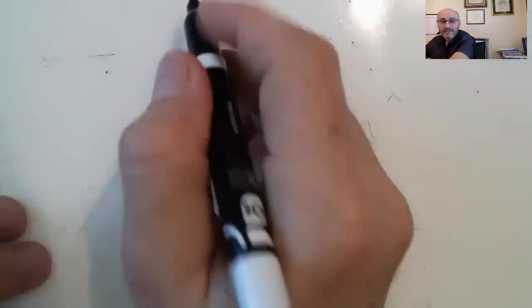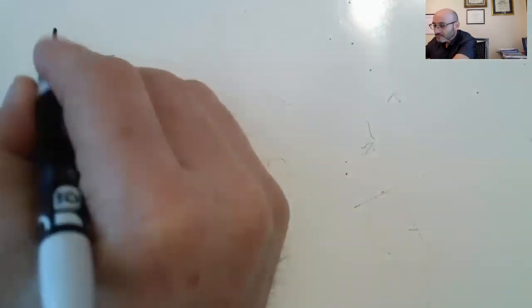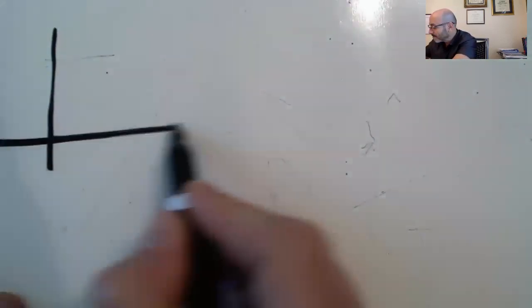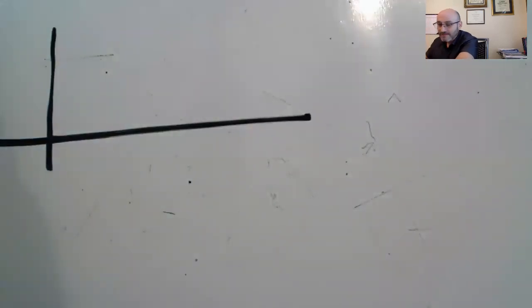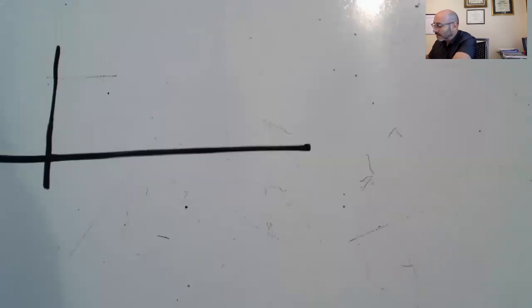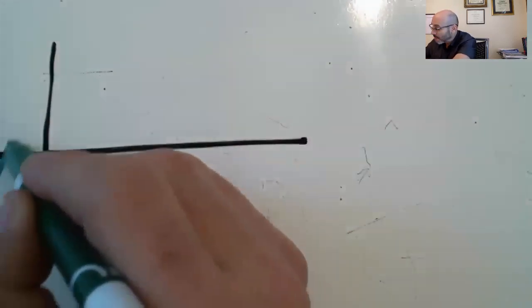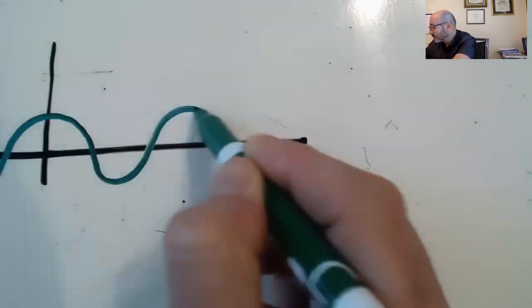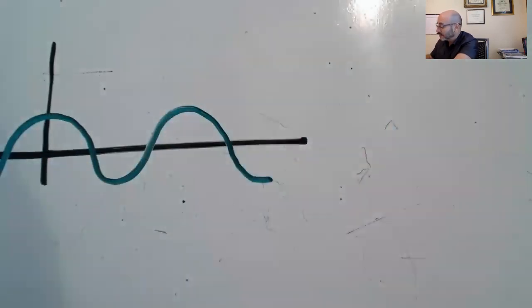So look, basically what we have is the following. We have the cosine function that goes like this, like better than that.